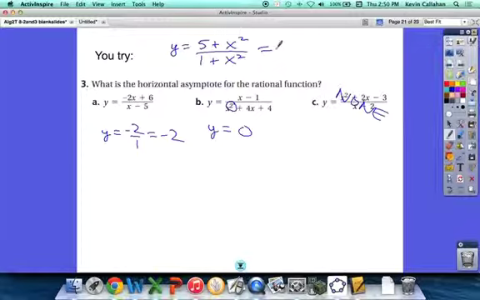It's the coefficients of the highest degree terms. Even if it's not written on the left, it's still the highest degree term. You might say it's y equals 5, but that wouldn't be right. You have to compare the highest degree terms in the numerator and denominator. It's very convenient when everything's always written in order, but it doesn't have to be, and sometimes it's not.